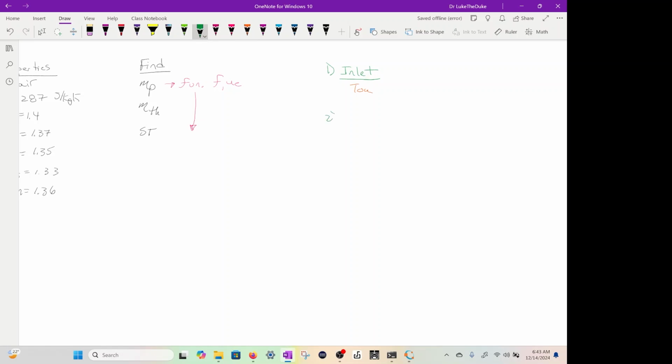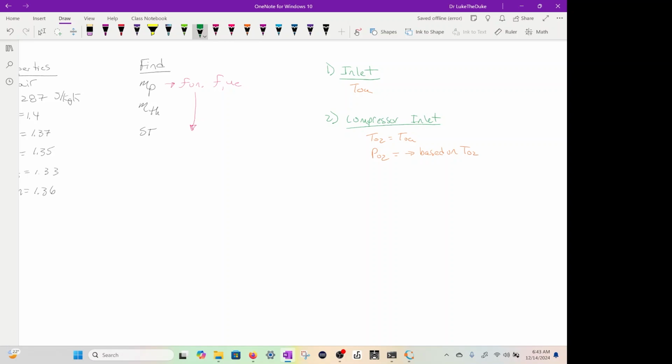What about the compressor inlet? Well, we're going to assume T naught 2 is equal to T naught A, and we're going to find P naught 2 based on T naught 2.